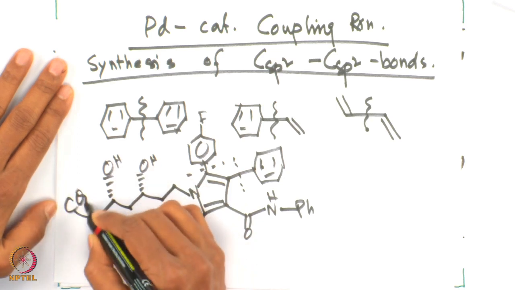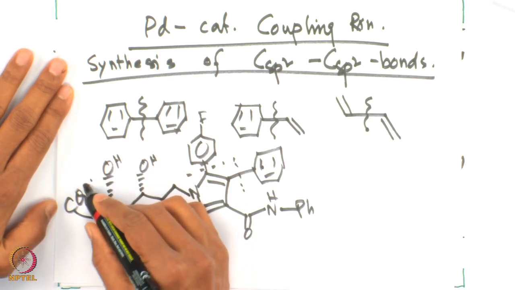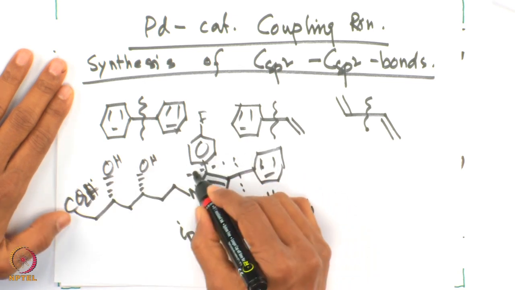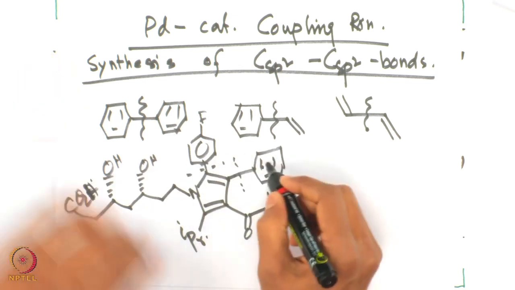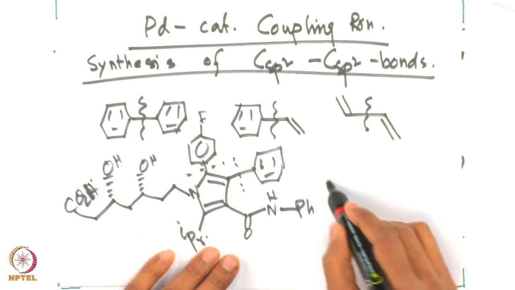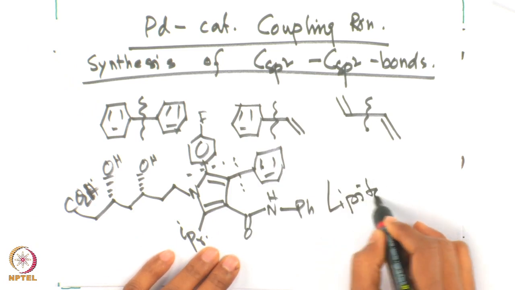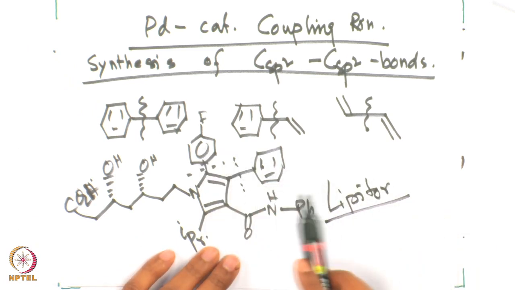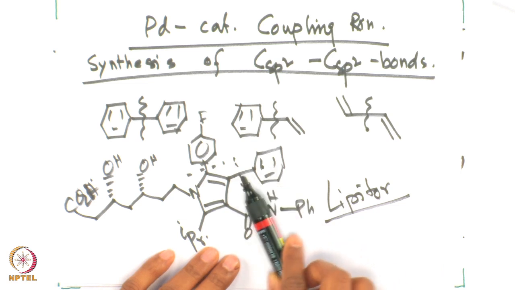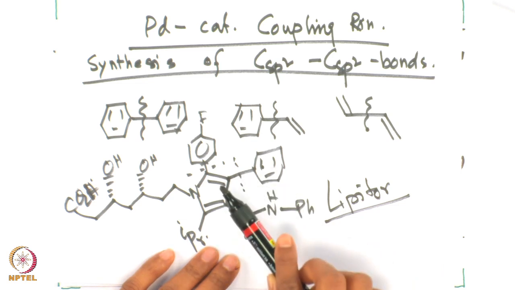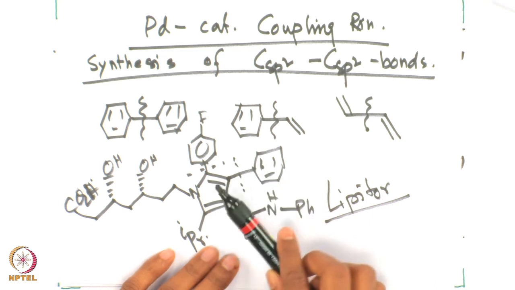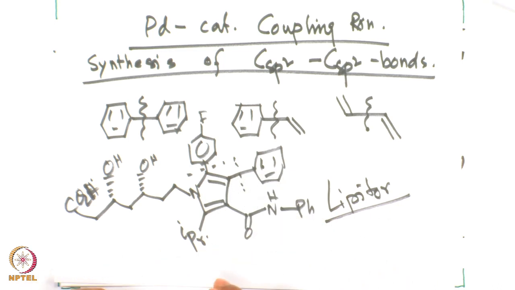And overall CO2H, for example, overall these two difficult carbon-carbon bond formation reactions, this is Lipitor, are carried out by doing the so-called cross coupling reaction or palladium catalyzed cross coupling reactions.